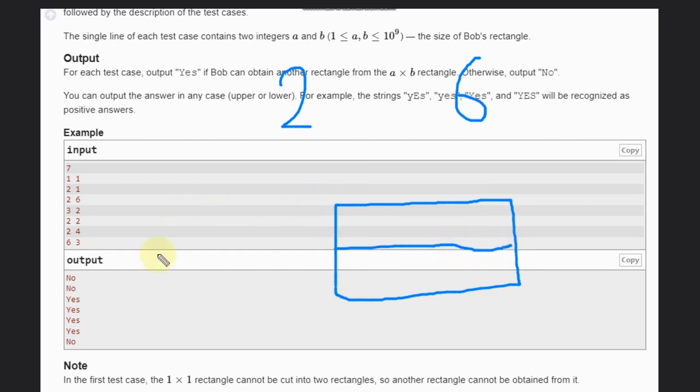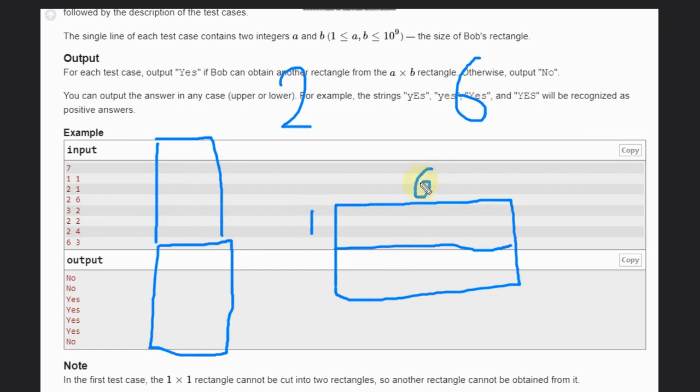Suppose we rotate this. So I have cut into 1 cross 6, and that will become 1 cross 12 as well. That is different from this, right? So it is also a possible solution.